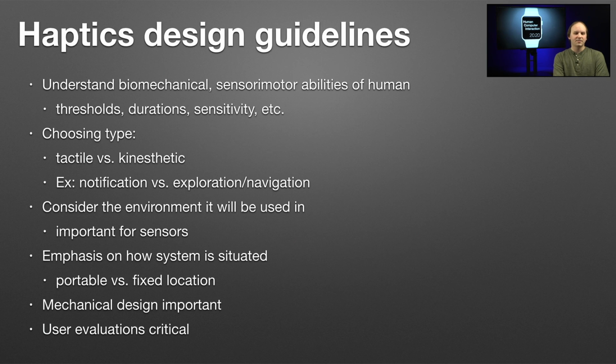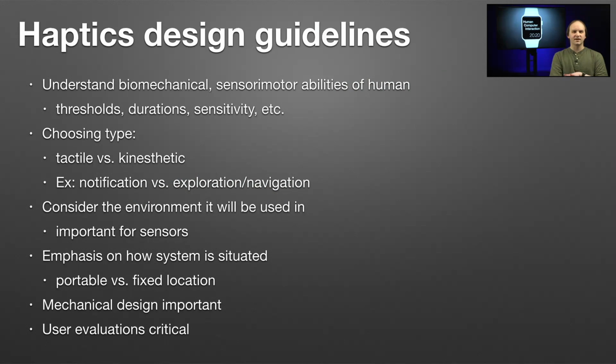So some things to think about when designing for haptic interfaces. We mentioned that the limits and the characterization of the human is very critical. So things like thresholds, durations, sensitivities. Of course, the two types of haptic feedback that we've discussed. If you think about something like giving a notification, like we might get from our phone or watch, versus helping someone explore a 3D space, right?